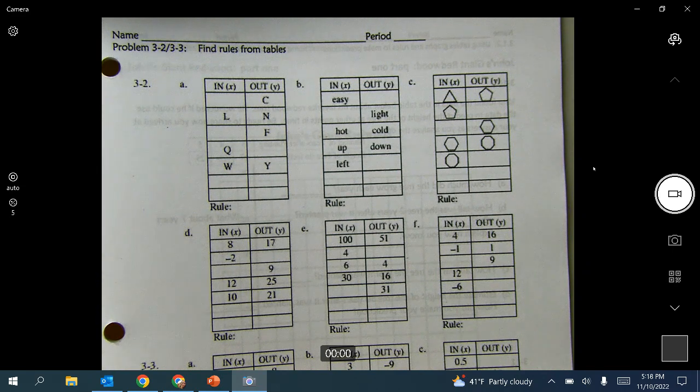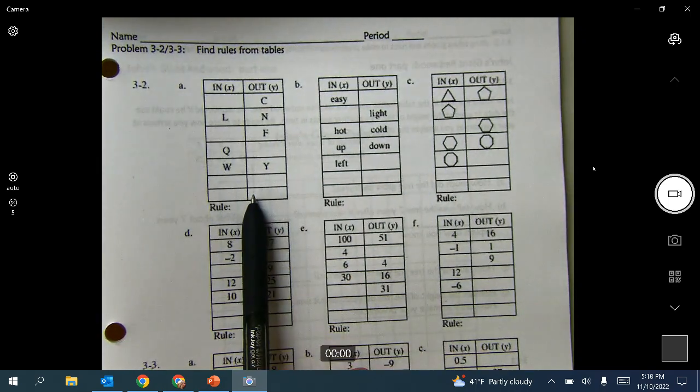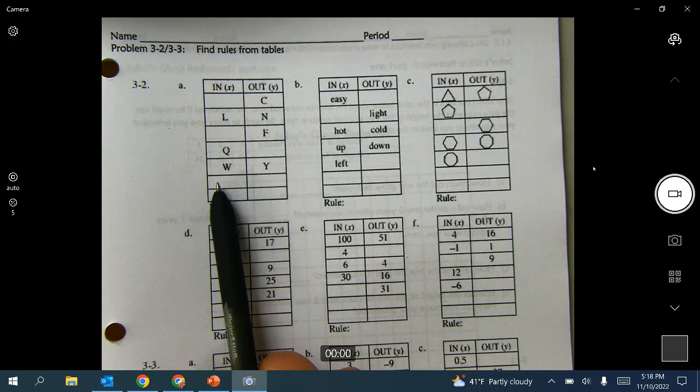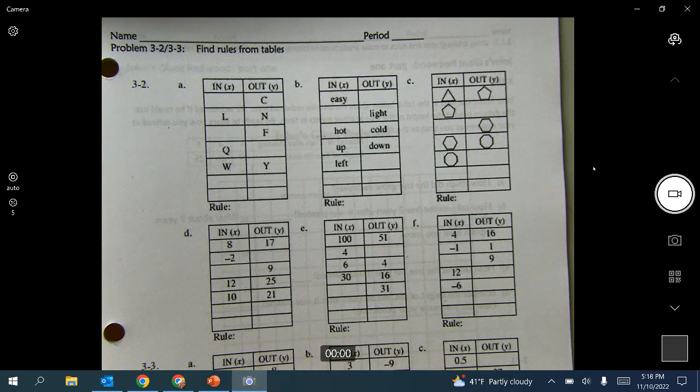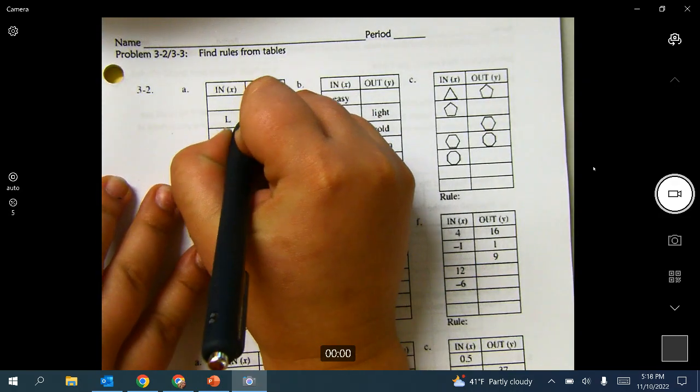Okay? All right, so looking at this first one, hopefully by now you've already had a chance to look at that to see if you can figure out the pattern. Obviously, it has something to do with letters. If we think about our alphabet, A, B, C, D, E, F, G, L, M, N. So M would be right in between.